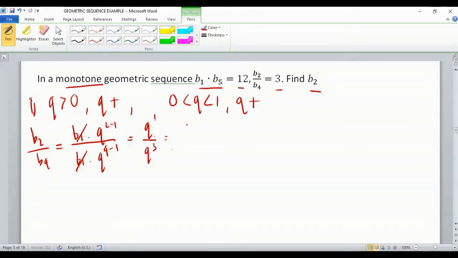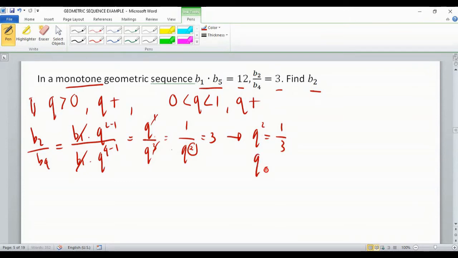So from here, we can write 1 over k square equals 3, right? Why? Because we cancel the power to be 2. So from here, we want k square, which equals 1 over 3.